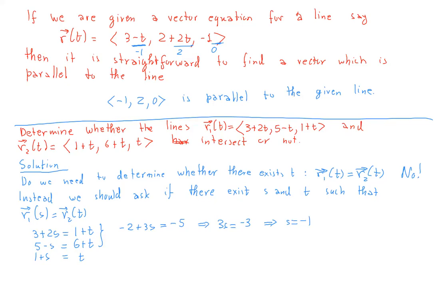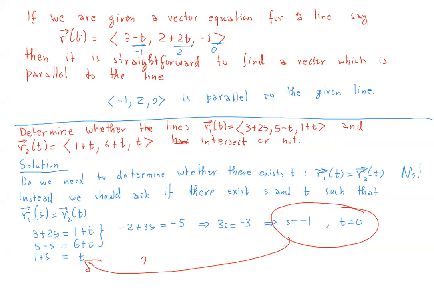Okay, and if S is equal to negative 1, then you can plug it into the first equation and get T equals 0. So now we could ask, is it true that these 2 solutions that we found for the first system satisfy this third equation? And I guess if you look at it, the answer is yes. Again, these two lines were chosen quite specifically so that they actually intersect.